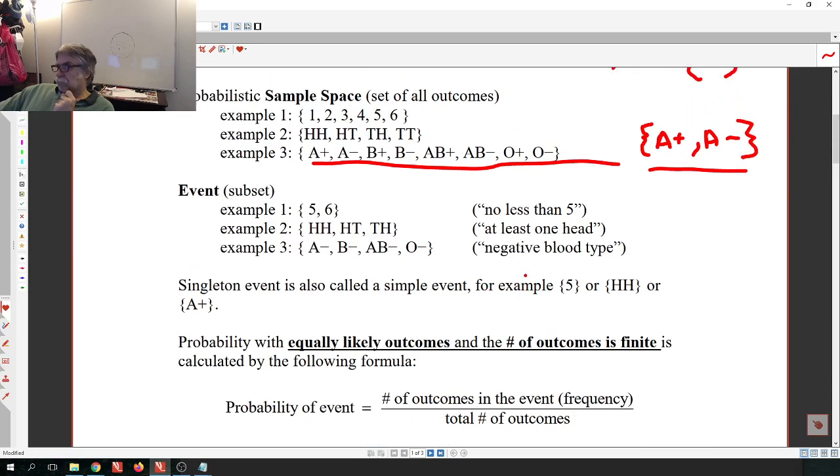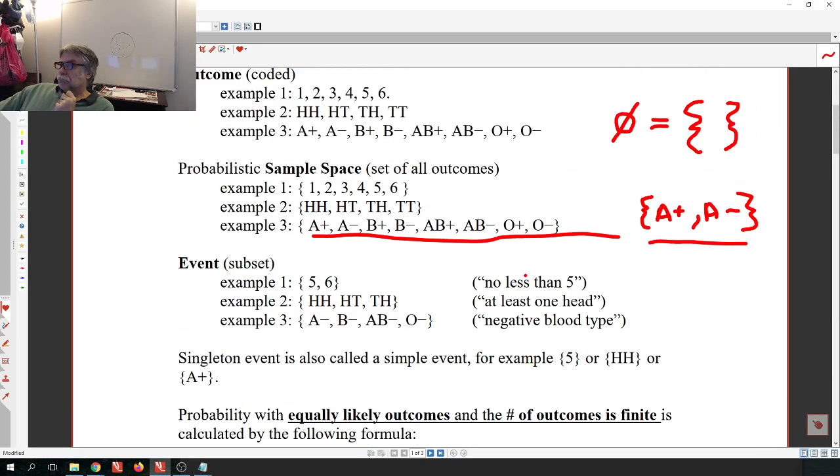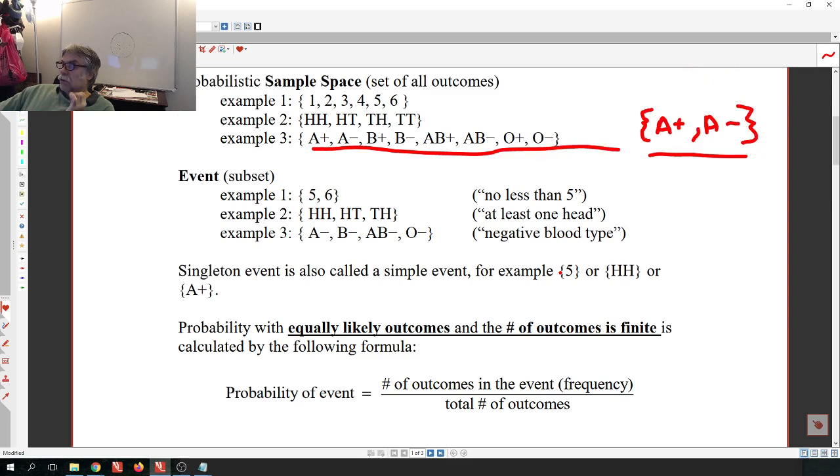If the events are equally likely and there's a finite number of them, then all you have to do to assign the probability is to count.